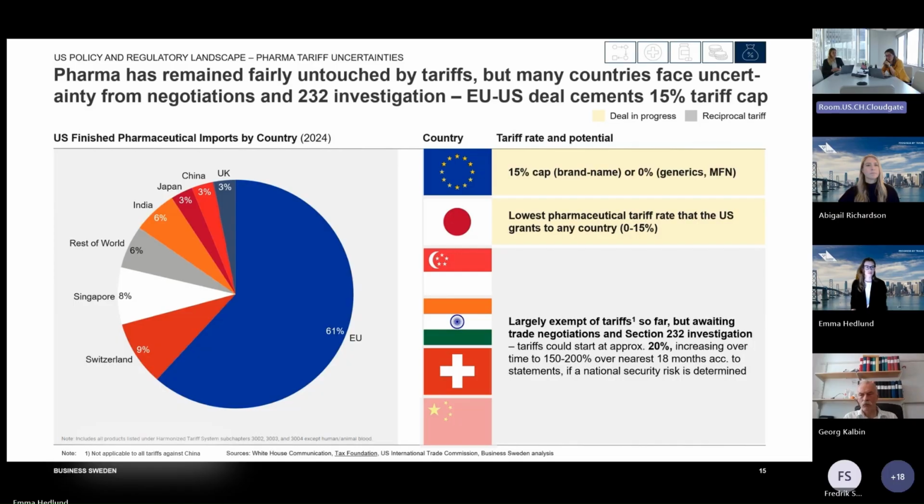There's lots that could be said, but I'll leave it at that, just to stay on time, and talk a bit more about what kind of incentives the administration is trying to set around new investments for some of the large pharma players.